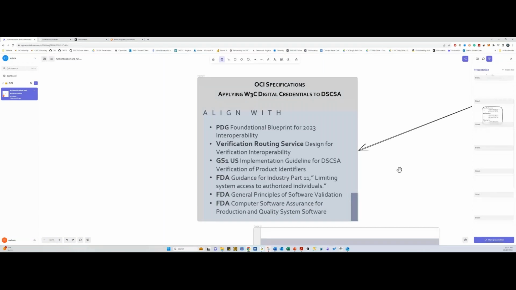Hey, Bob, good morning. Sure, yeah. So what we're trying to do is exactly that, right? We're trying to use a standard that's in place, one that is familiar to the industry that we can base assurance on. And so you're right, there are three levels of assurance defined by NIST.